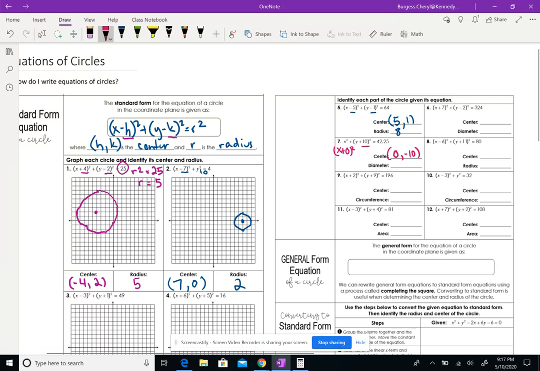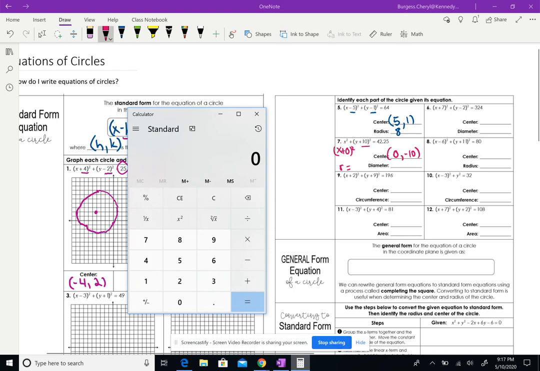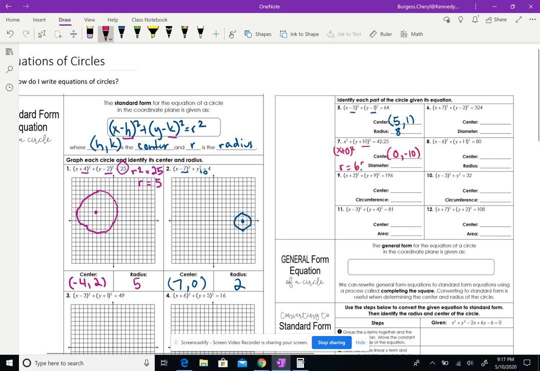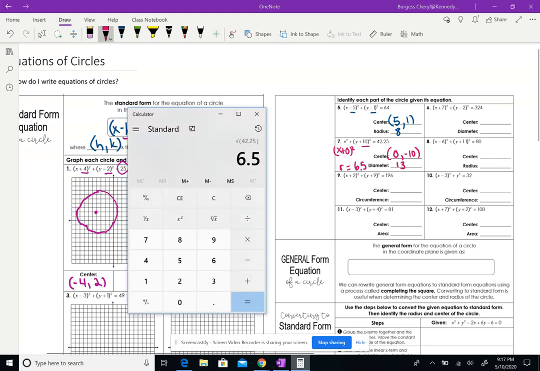So let's go ahead and find the radius first. The radius is the square root of 42.25. So the radius is 6.5. And the diameter is going to be twice as big as the radius, so the diameter is 13. Let me just double check my math. Yep.